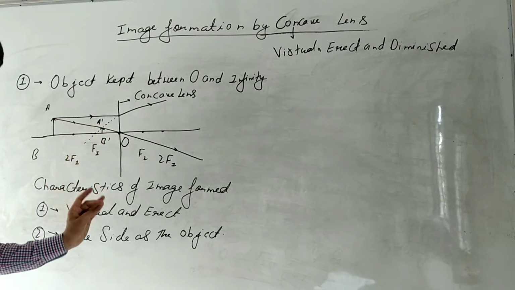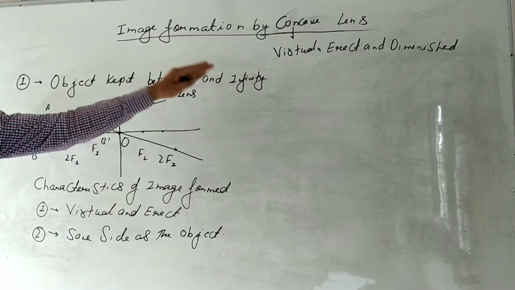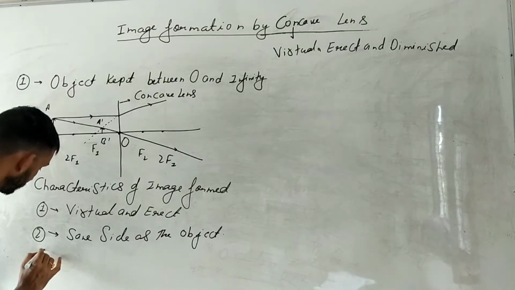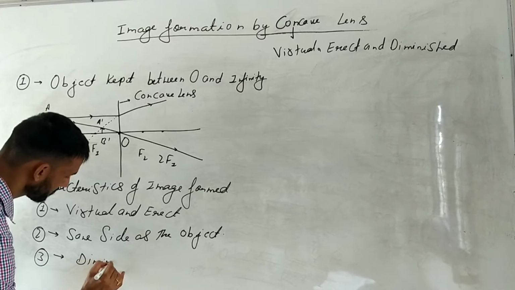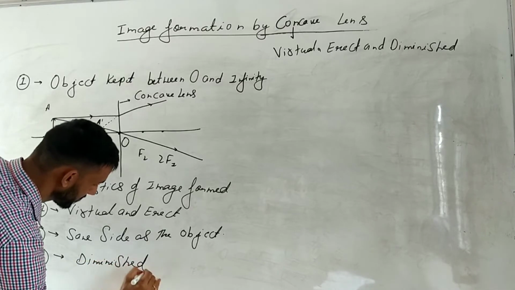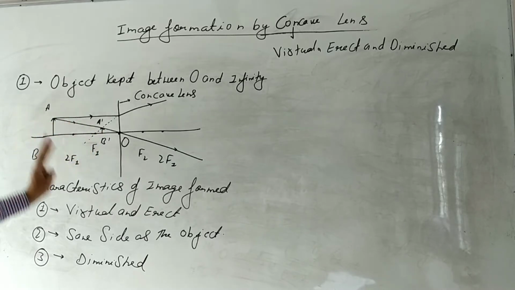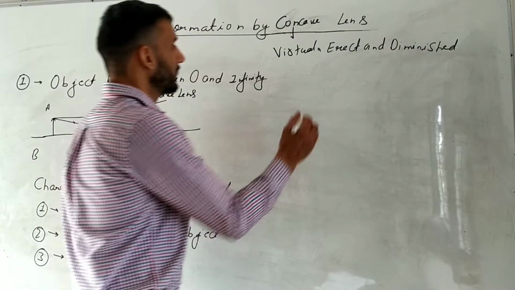This was the case in convex as well. Real and inverted images are always formed on the other side of the lens. Okay, so this is important. And number three, obviously it is going to be diminished. So anywhere you keep the object, anywhere, characteristics and the image formation would be the same.